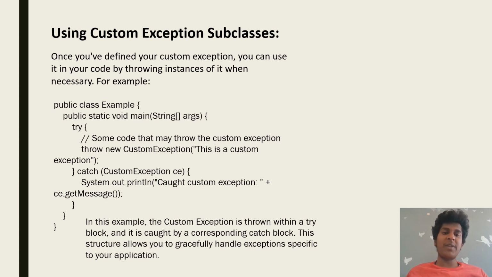For example, public class Example { public static void main(String[] args) { try { some code that may throw the custom exception; throw new CustomException("This is a custom exception"); } catch (CustomException ce) { System.out.println("Caught CustomException: " + ce.getMessage()); }. In this example, the custom exception is thrown within a try block and it is caught by a corresponding catch block. This structure allows you to gracefully handle exceptions specific to your application.